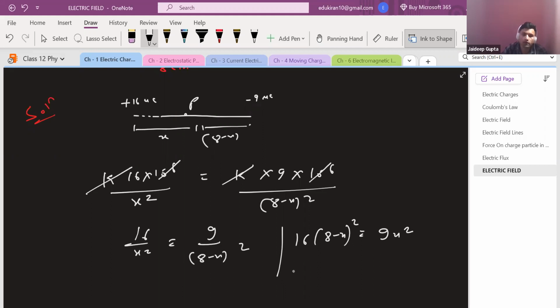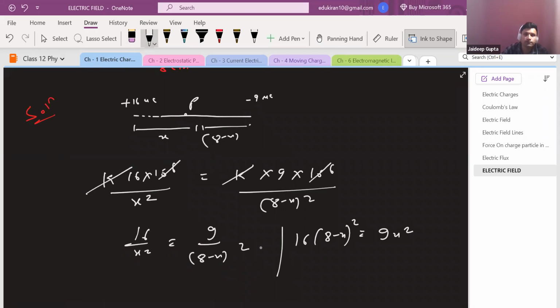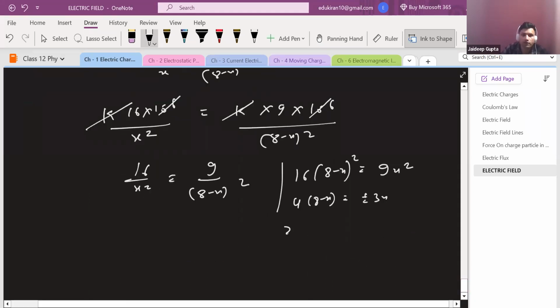Now equate them. If we take square roots, it would be 4(8 minus x) equals plus minus 3x. 32 minus 4x equals 3x, so 32 equals 7x. x equals 32 over 7.